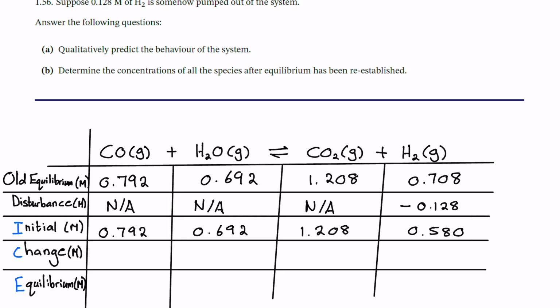Right, so now we must determine how these concentrations change to establish a new equilibrium. And how we do that, of course, is with the help of the reaction quotient. So we must go Q equals concentration CO2, concentration H2, divided by concentration CO, concentration H2O.